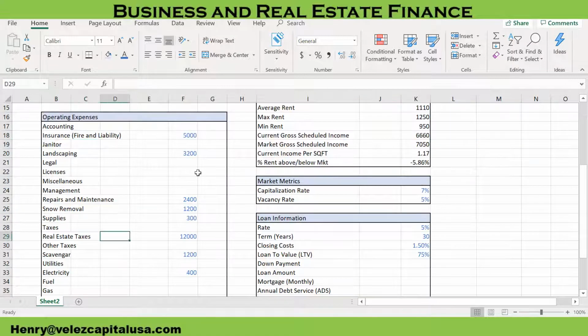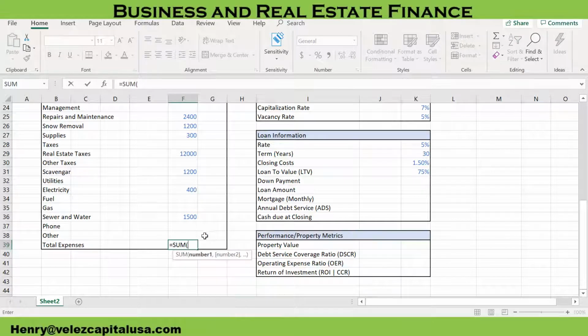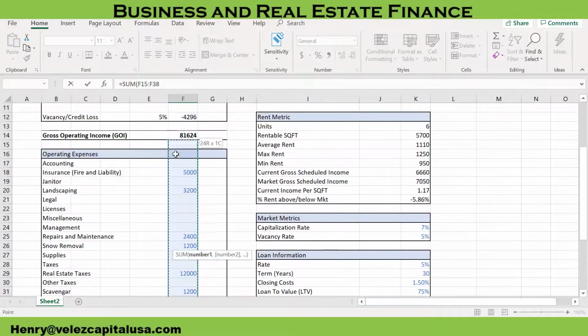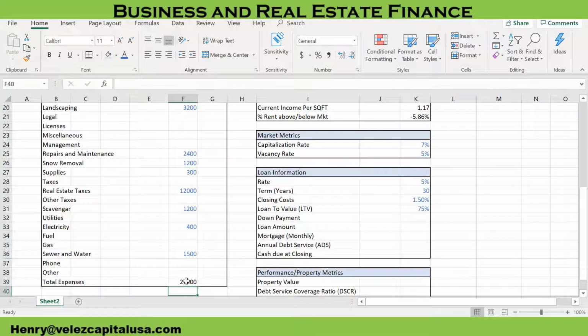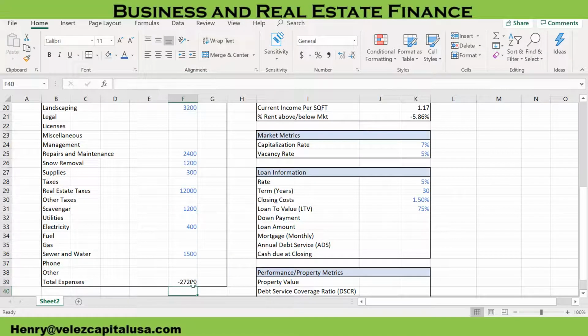Okay, so we have these expenses, and first of all, let's add them up. So to add up this whole row, you hit equals sum, and you're just going to drag this up through here. Let's make this a negative, because this is going to be money that goes away.